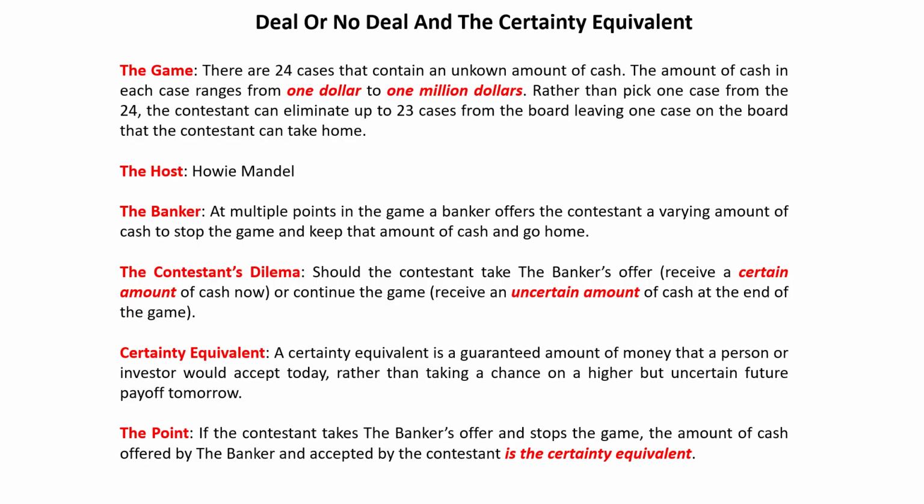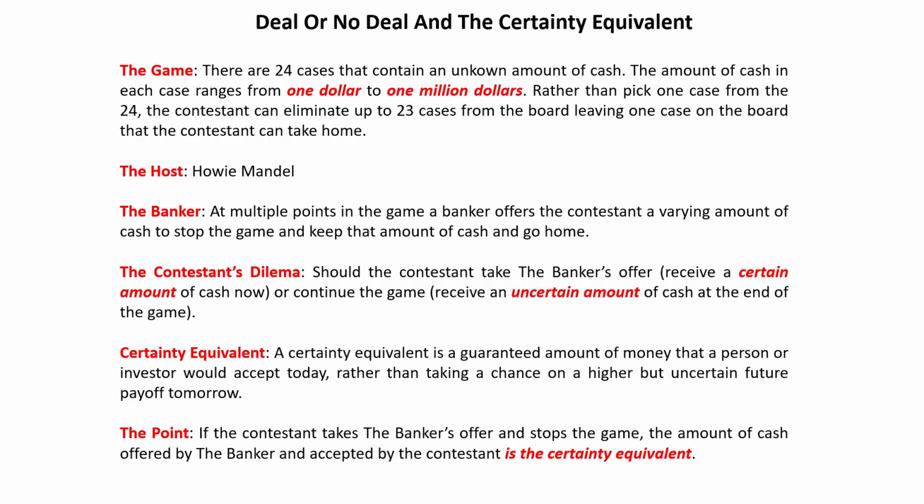So what the banker basically does is, let's say there are two cases on the board. One is 500,000 and one is $1 million. So the contestant in this case can say, well, the minimum amount that I can take home would be 500,000, and the maximum amount would be $1 million. So the banker would offer something in between those two amounts.